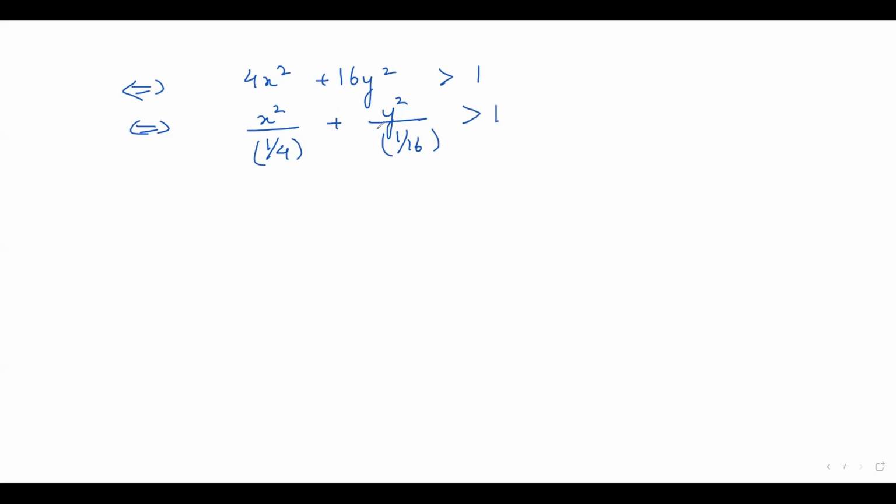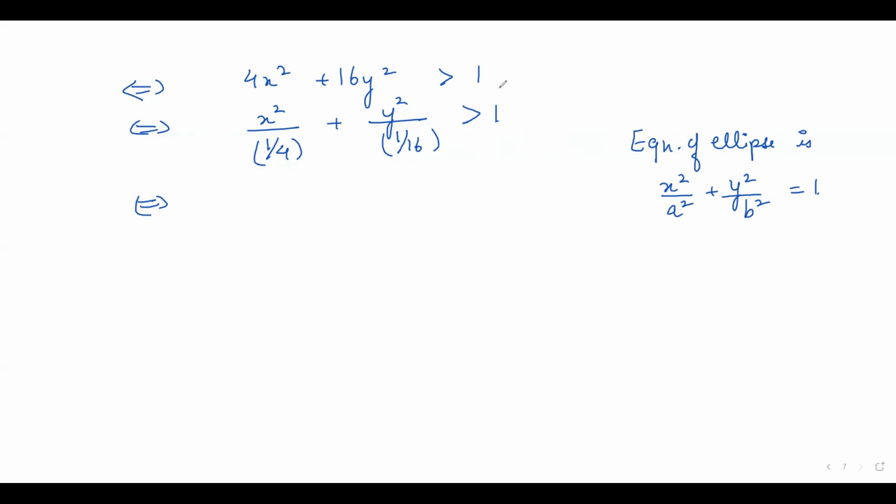So can you figure out what this equation is similar to? This is the equation of the ellipse. The equation of the ellipse is given by x square upon a square plus y square upon b square equal to 1, right? So now you would say it is coming out to be greater than 1.